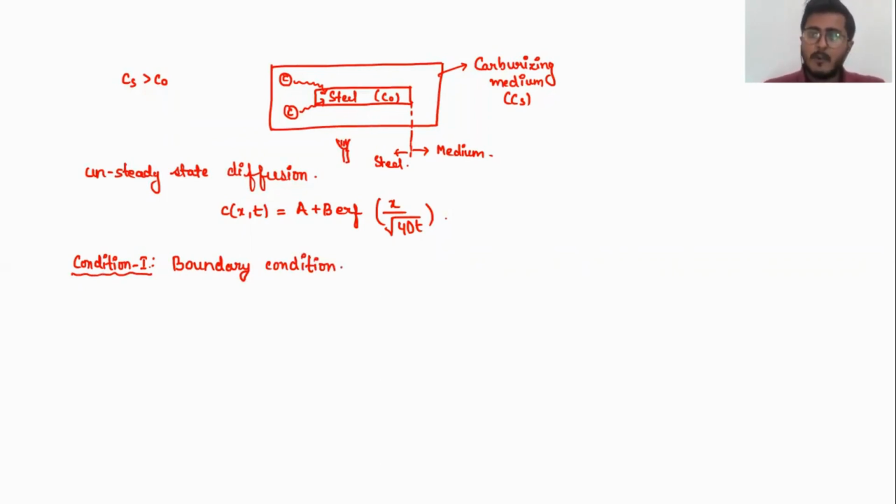Before understanding this boundary condition, we first of all need to draw the graph showing how the carbon is moving from the carburizing medium to the steel component. Then it will be much easier to understand the boundary and the other condition. So if I draw the graph that is happening over the surface, I'm just drawing this part in a larger format.